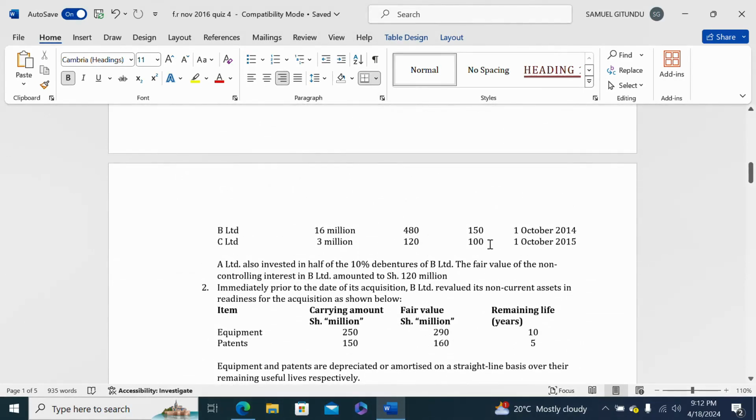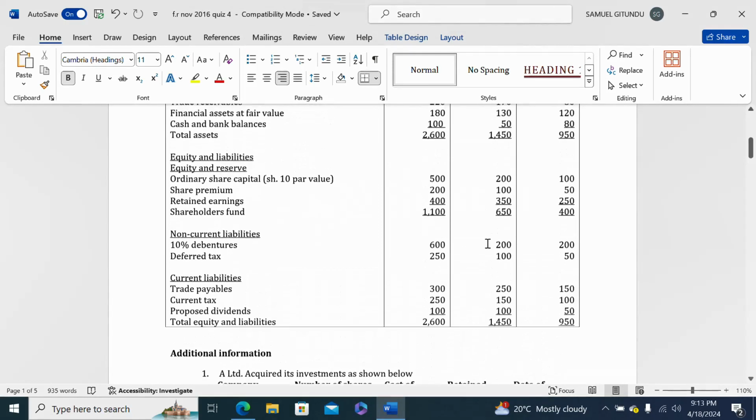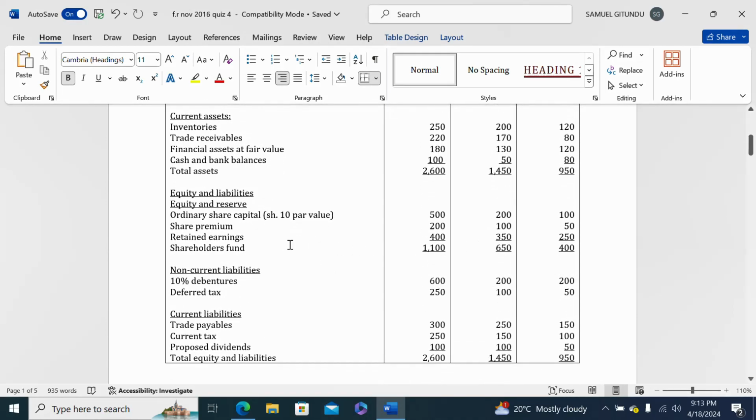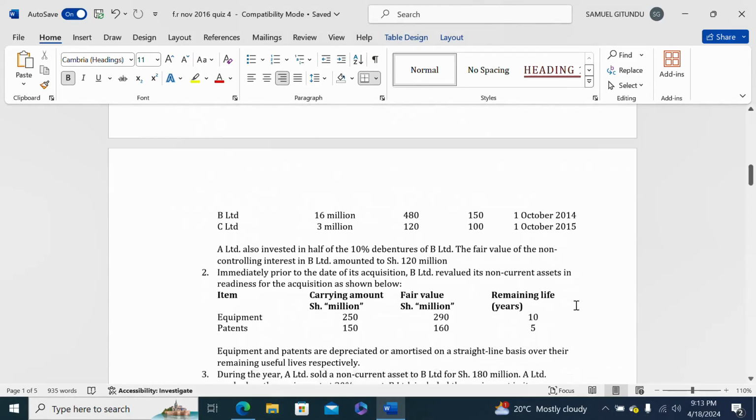And the retained earnings at the date of acquisition is 100 million. And the retained earnings at the end of the year is 250 million. Now we are in C Limited. So the retained earning at the end of the year is 250 million.